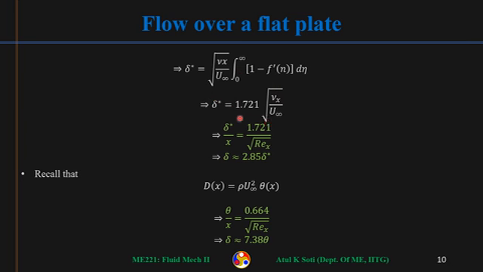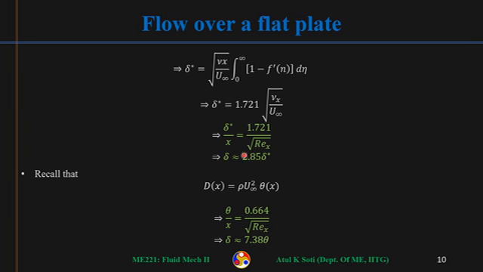So delta star by x will come out to be 1.721 divided by square root of Rex. Then you can recall the expression for boundary layer thickness also. It will turn out that boundary layer thickness delta is approximately 2.85 times of delta star, the displacement thickness. So what you see is displacement thickness is smaller than boundary layer thickness.